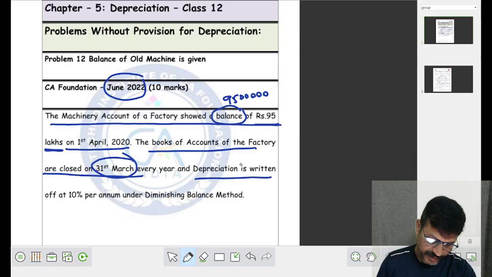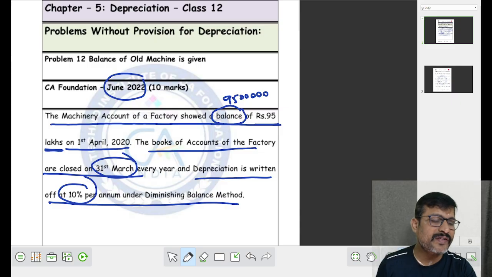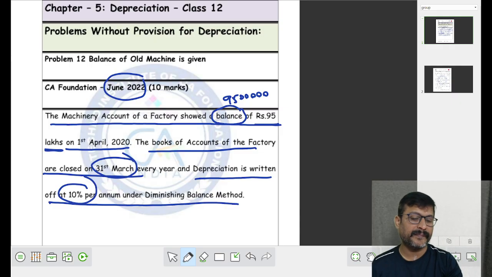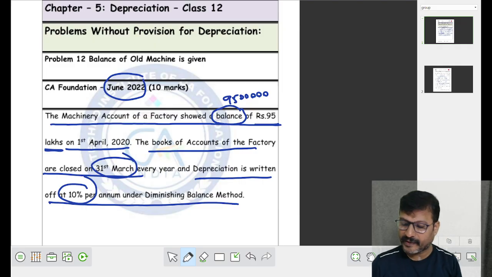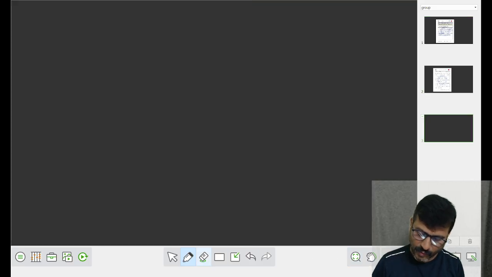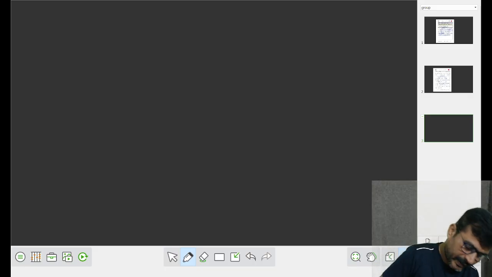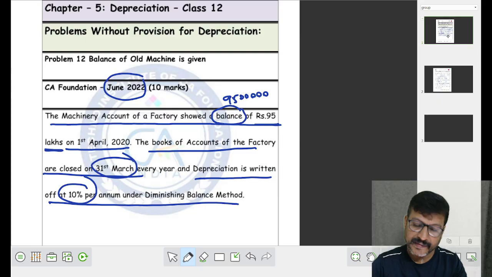And depreciation written off 10% per annum under what method? Under the diminishing balance method. Fine. Shall we make these two concepts in our notes? Now, what to write? See here. Depreciation, what percent?